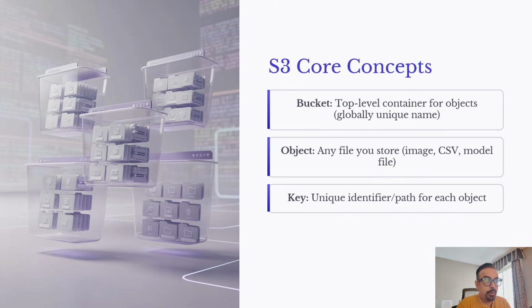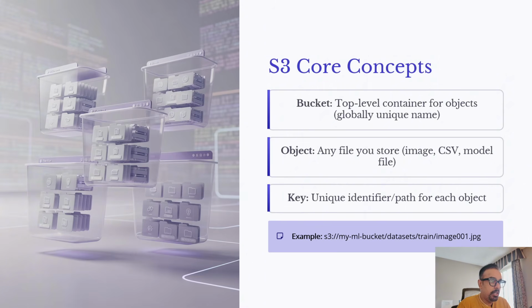The key is the unique identifier or full path for each object within the bucket. It's like the complete address of your file, including any folder structure that you have created. Let's look at an example to understand what the unique key identifier path is. Here, the s3 at the start indicates it's an S3 location.